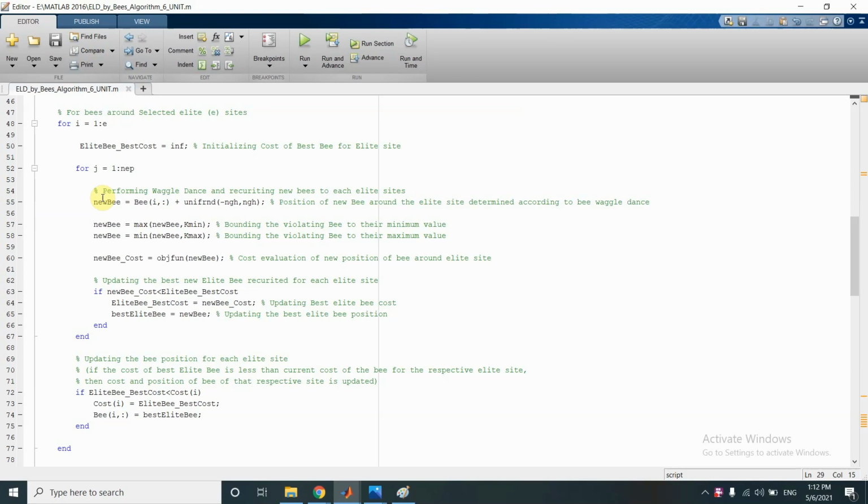And using that information from the waggle dance, newbies will be recruited and sent to the neighborhood of that elite site to look for food or look for better sources of food in the vicinity of that elite site. So each iteration of this for loop corresponds to one newbie sent to a particular elite site, represented by this iteration of the for loop.